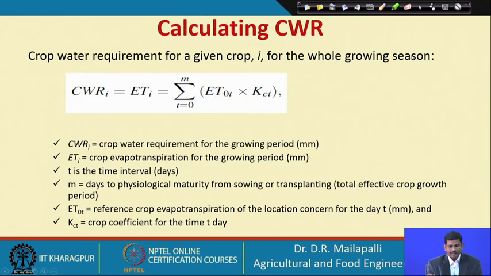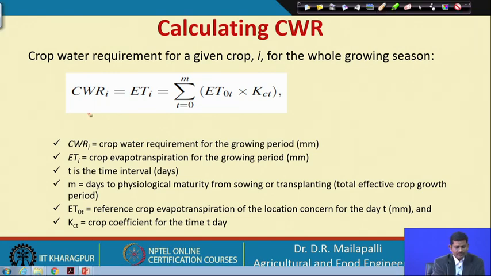Next is how to calculate the crop water requirement. Similar to ET, you get daily ET. If you combine that, as the sum of all daily ETs, you get the crop water requirement of the whole season, for a given crop, the whole growing season.